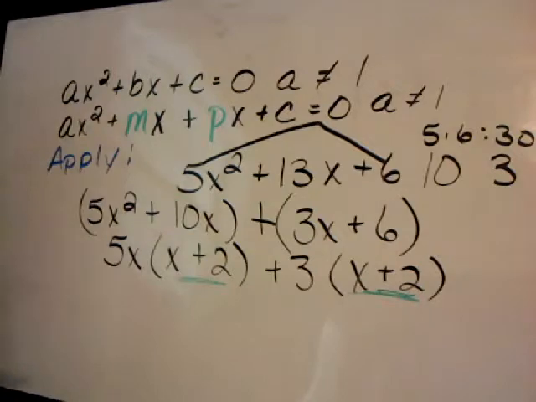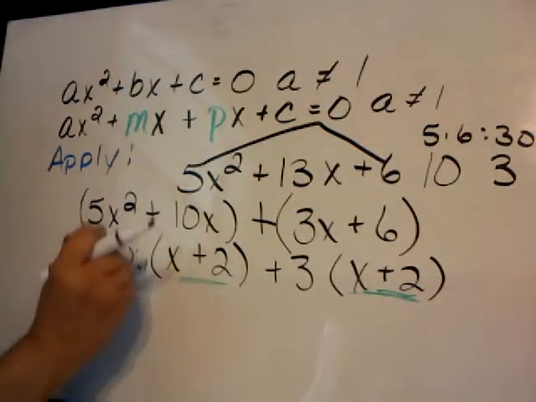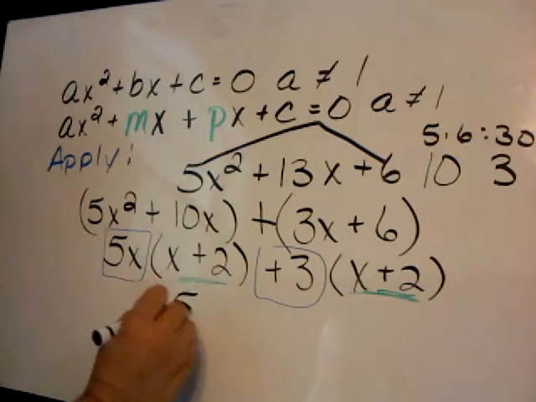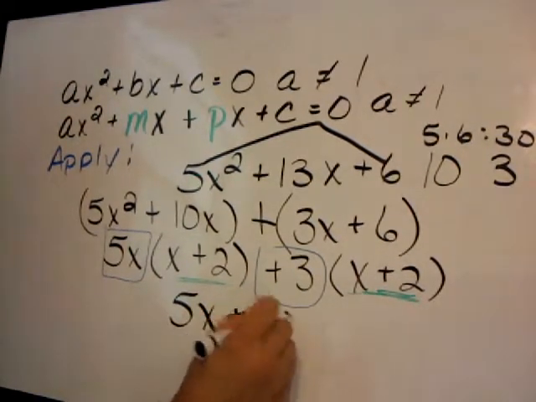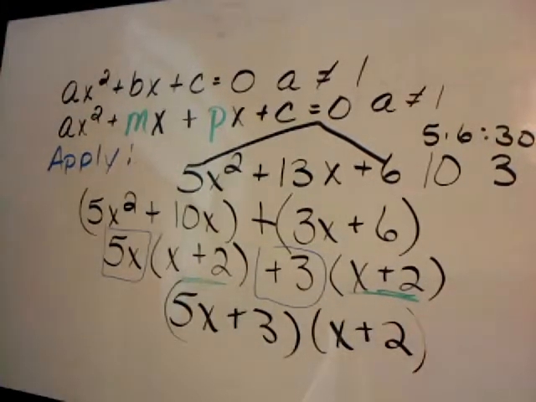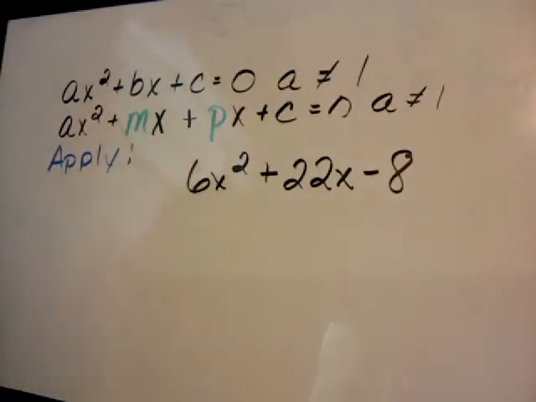So when I put this together, I'm going to have 5x plus 3 times x plus 2. Again, if you use the FOIL method, it will take you back to our original quadratic equation.